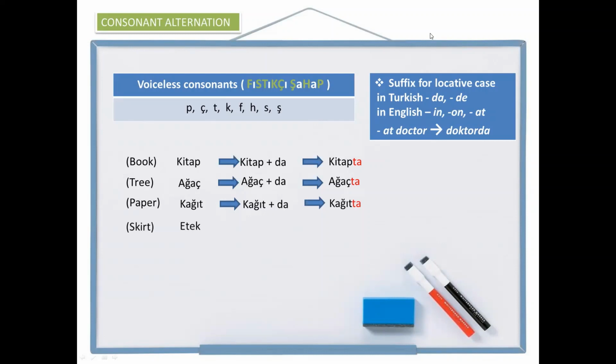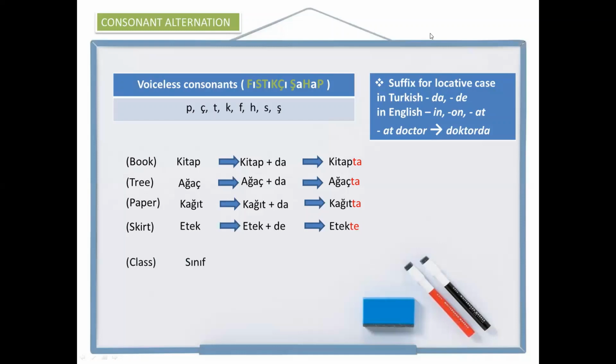Etek, which means skirt. I want to say on the skirt. Etek, de. K is a voiceless consonant, so the suffix alternates. Etek, te. It is not ta, it is te because of two-way vowel harmony. You already know this.